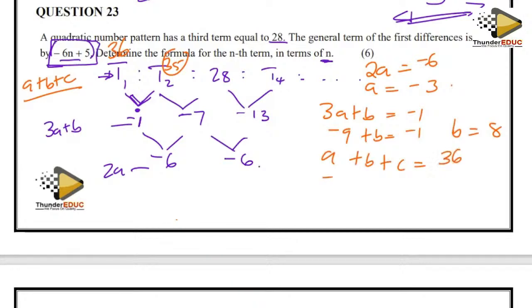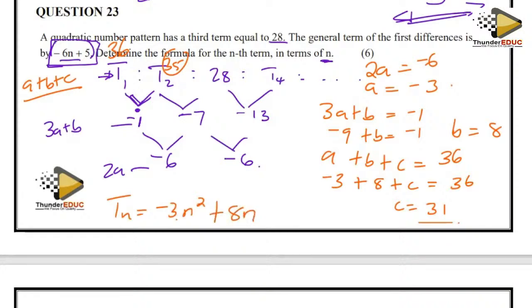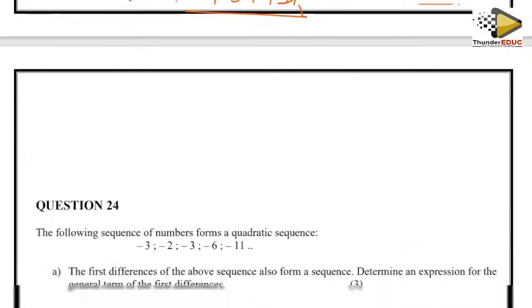If our a is -3, our b is 8, what is the c to be 36? So that and that will give us a +5, take that side, so c is a 31. So which means that our Tn is going to be -3n squared plus 8n plus a 31. There we go. Okay.